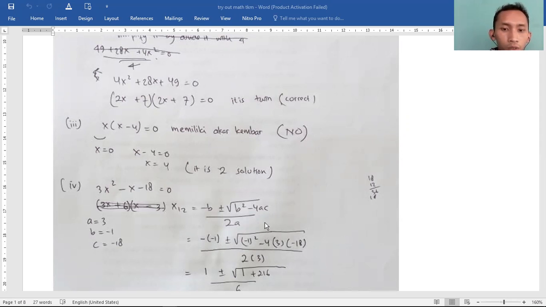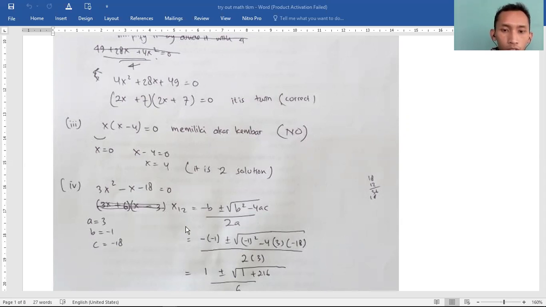I write here the formula: x1,2 is minus b plus minus square root of b squared minus 4ac, per 2a. From this equation, a is 3, b is the one that belongs to x, so negative 1 here, and c is the constant here, so minus 18.